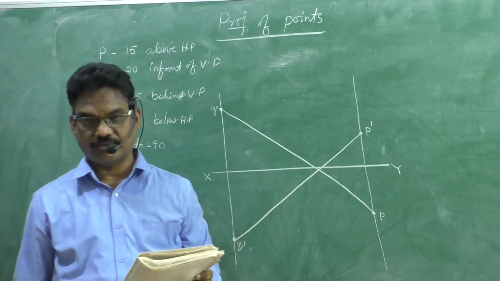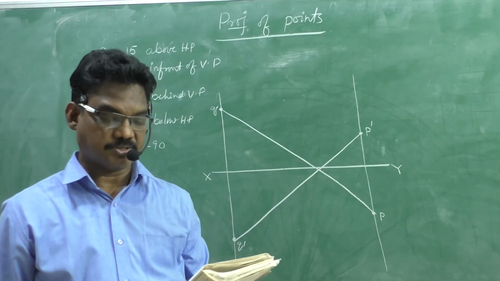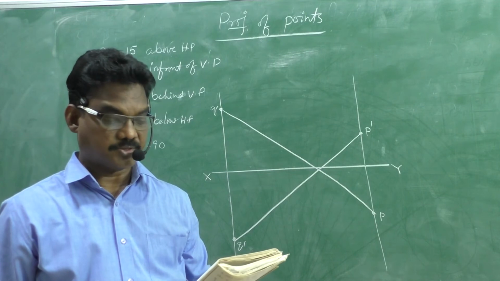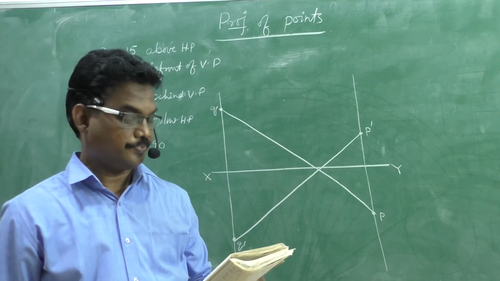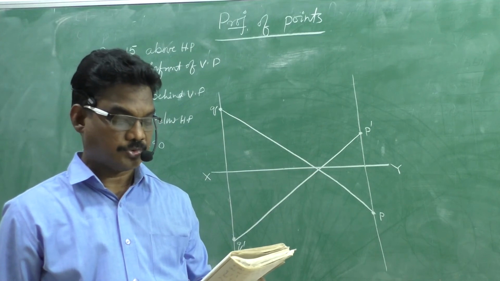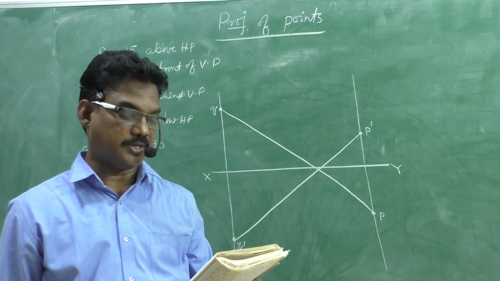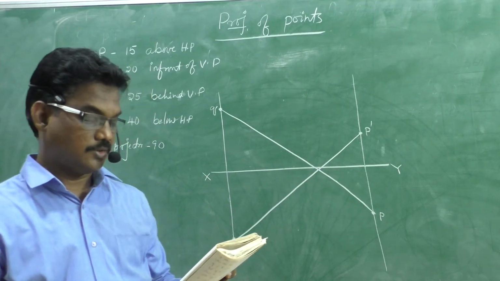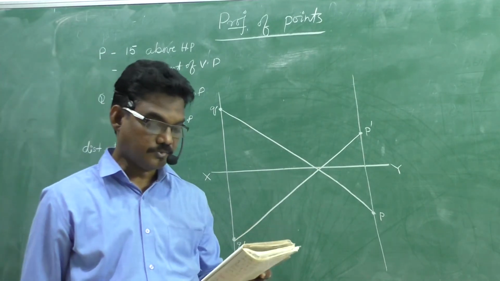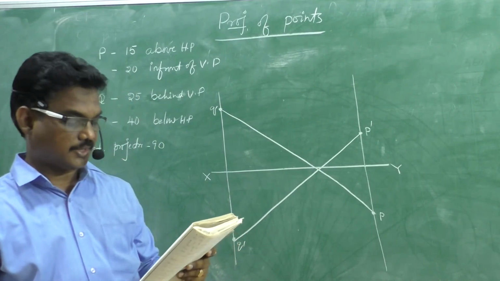Distance is not given. The distance between their projectors is 75 mm, and the line joining their top views makes an angle of 45 degrees with the XY reference line. Find the distance of the point B from the vertical plane.